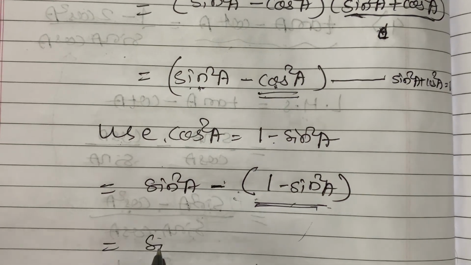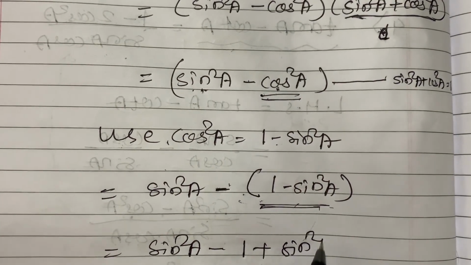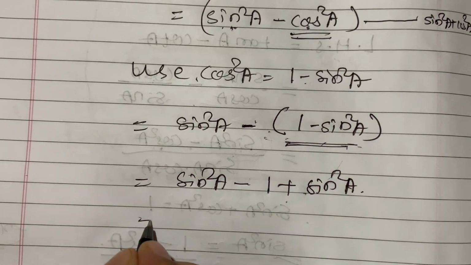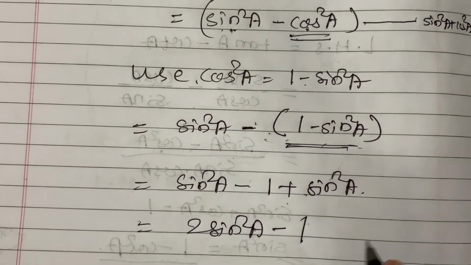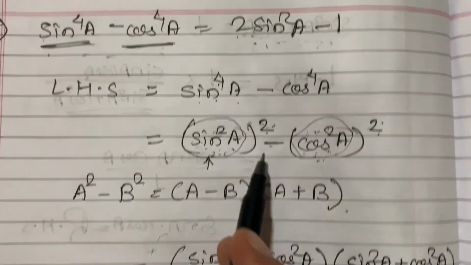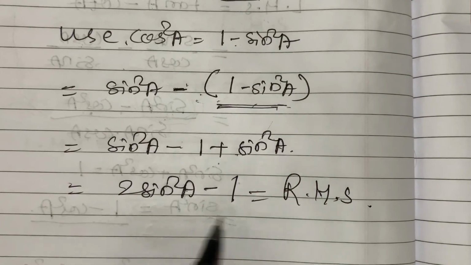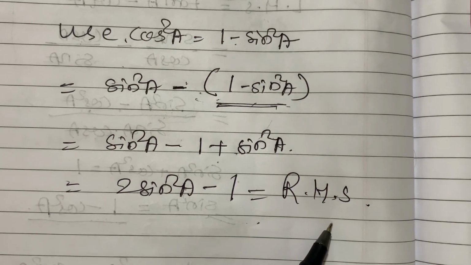Now I simplify this: sin square a minus 1 plus sin square a. So sin square a plus sin square a is 2 sin square a minus 1, which is the RHS. So here also this is 2 sin square a minus 1, which is the RHS.